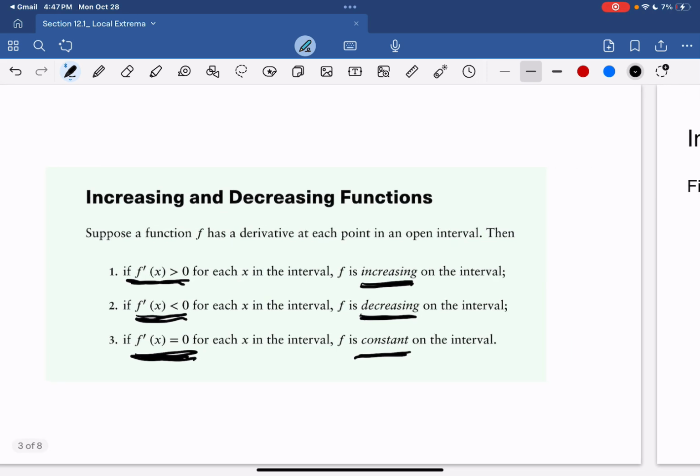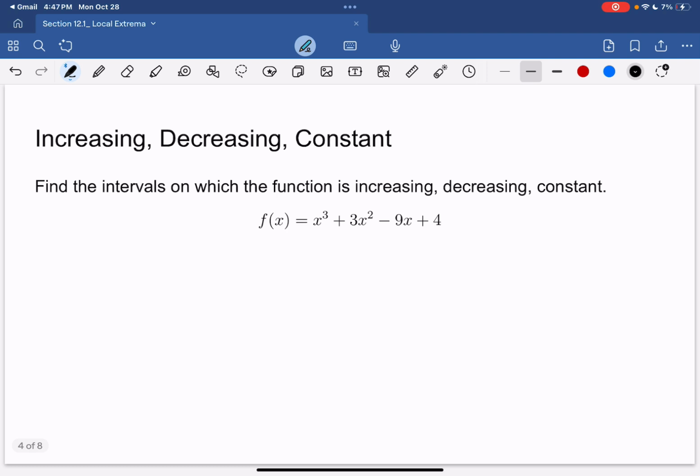All right. So now that we know that, let's find an interval on which this function is increasing, decreasing, or constant. Since we're in calculus, as far as chapters 11 and 12, the first thing I'm going to do is take a derivative.